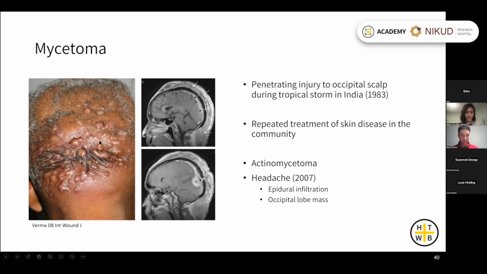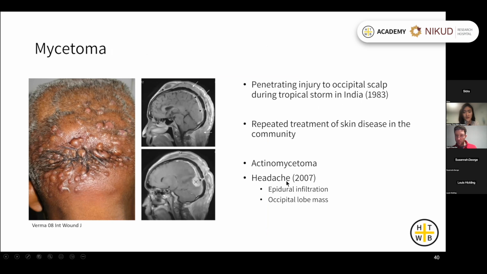So this is a case of mycetoma. As you can see, the patient sustained an injury to the scalp in 1983 during a storm, had years of repeated treatment to the skin in the community, and then in 2007, in a dermatology department, was diagnosed with actinomycetoma.